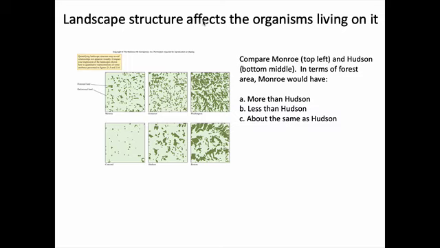Which has more forest? Does Monroe have more forest than Hudson? Does it have less forest than Hudson? Does it have about the same amount of forest as Hudson? This is difficult for people to figure out. So it's a question really worth considering. And you'll see why we use quantitative tools rather than our impressions. So we're open, if you've got your clickers.